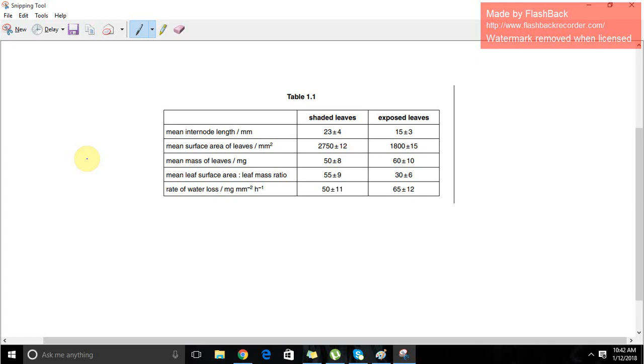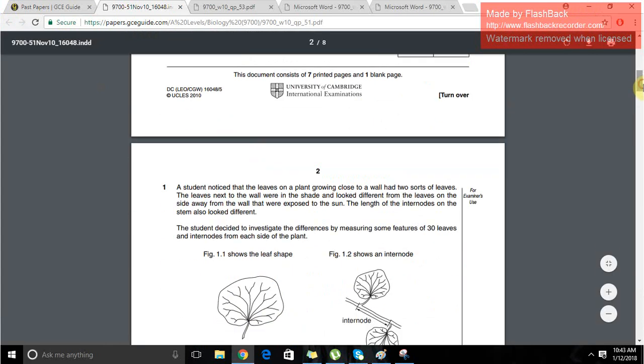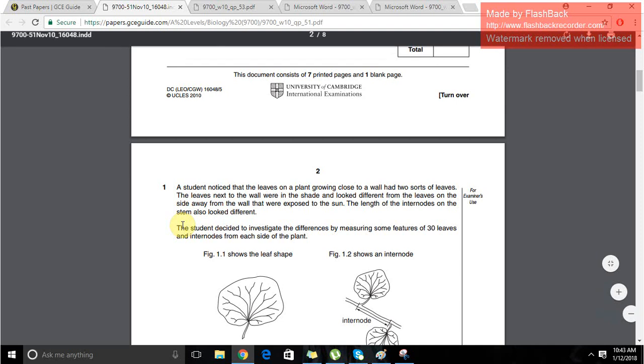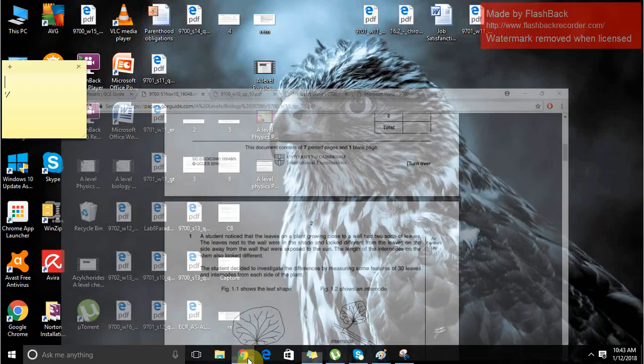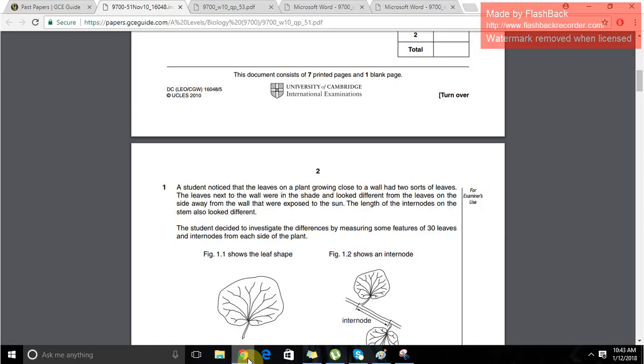So mean internodal length. So we're saying we have to consider 30 different leaves, right? Decided to investigate the differences by measuring some features of 30 leaves and internodes from each side of the plant. So what is it that you do in order to proceed?